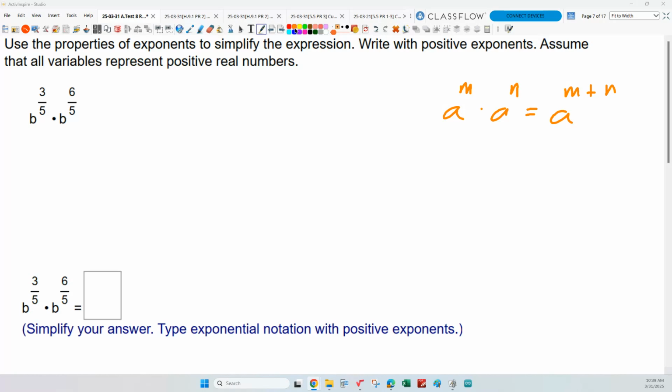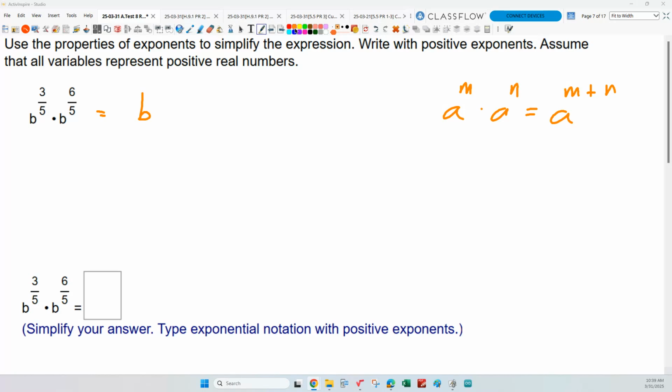What's my base? B, right? The base of the power is the thing that's being taken to a power. So we have like bases, so we're going to get B to what power? If I multiply like bases, you just told me I add the exponents. So what's the exponent going to end up being if I add those?